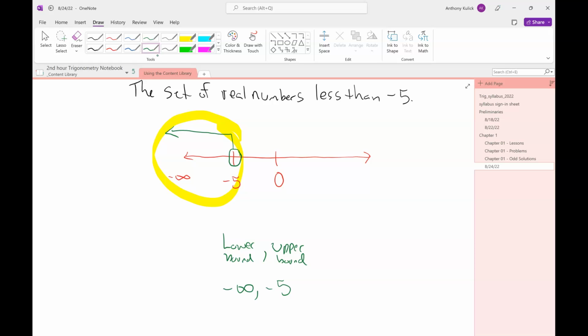If you say a number, I can always give you another number smaller than that, right? So can we actually include -infinity in a set? No, right? So the things that are not included, we indicate with a parenthesis. So the infinities, whether -infinity or positive infinity, are always going to get a parenthesis.